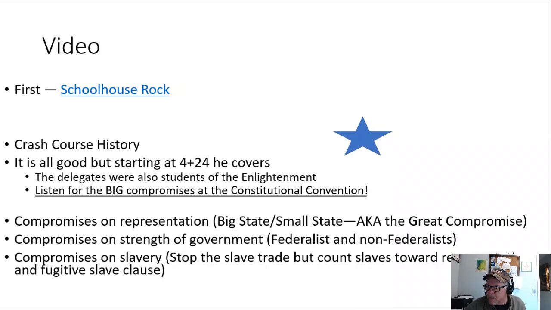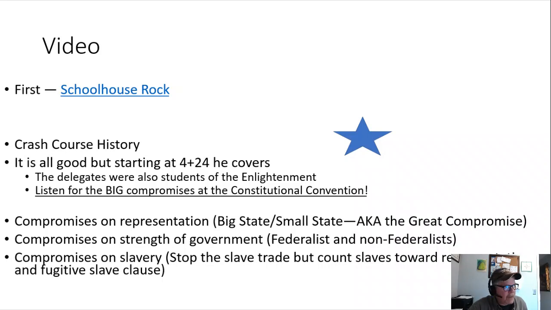The second one is John Green's Crash Course History. The whole thing's good. It's talking about the articles and the Constitution, how it comes to be. But starting at about 4 minutes, 24 seconds or so, he covers some of the compromises that had to occur. Because again, remember, we got to get 9 of 13 states to agree on this.